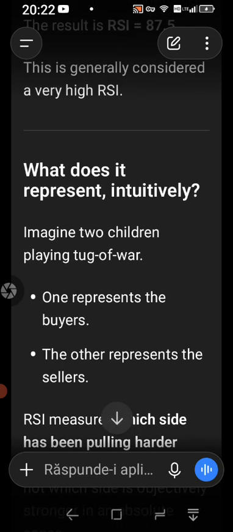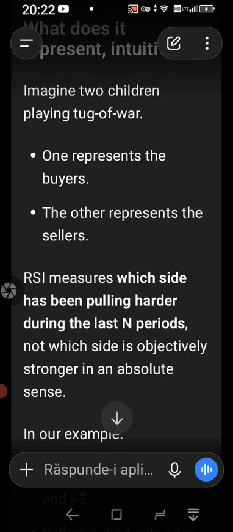What does it mean? What does it represent intuitively? Imagine two children playing tug of war. One represents the buyers, the other represents the sellers. RSI measures which side has been pulling harder during the last N periods, not which side is objectively stronger in an absolute sense.